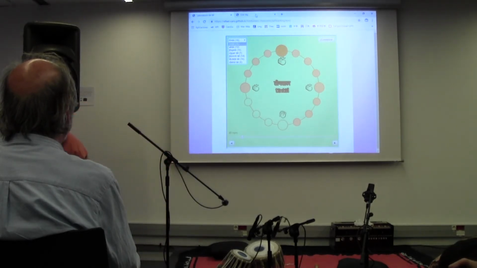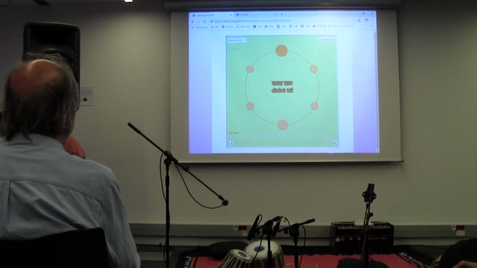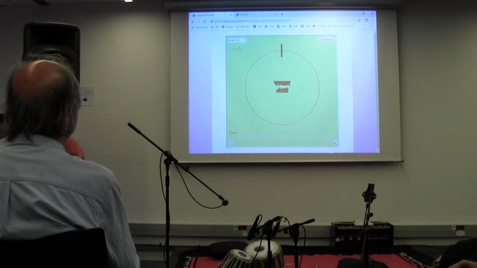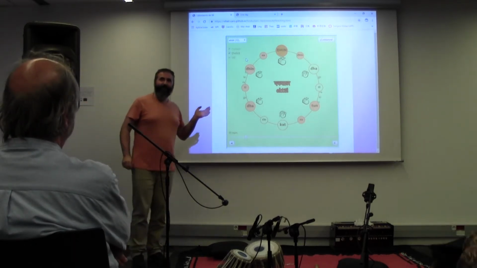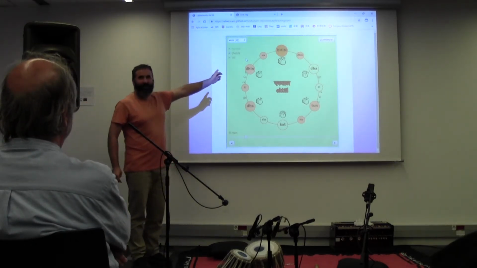For example, if we have hectare. This is hectare. Now you see the sum is always there.